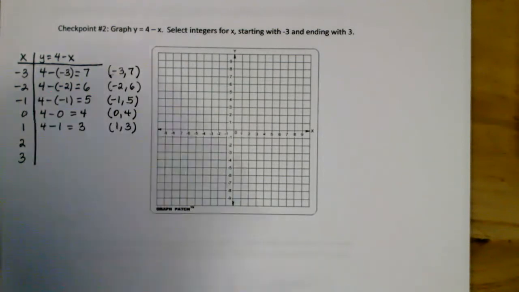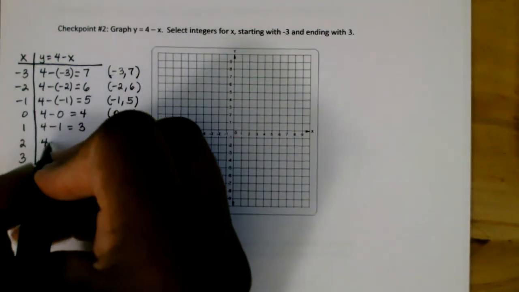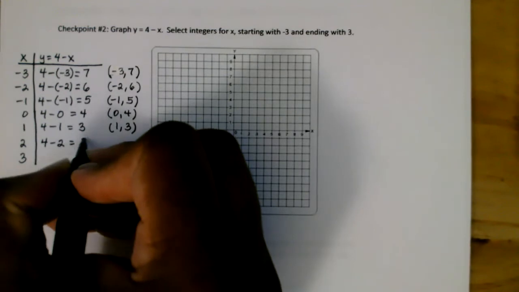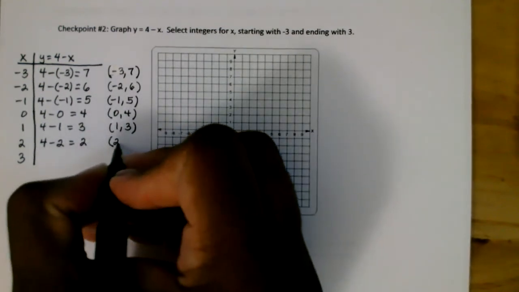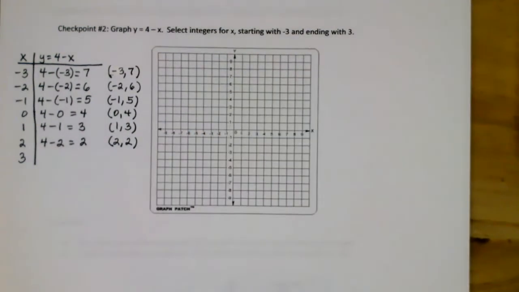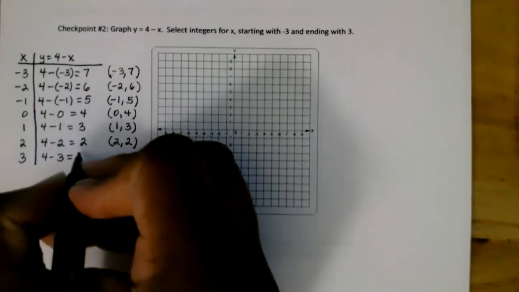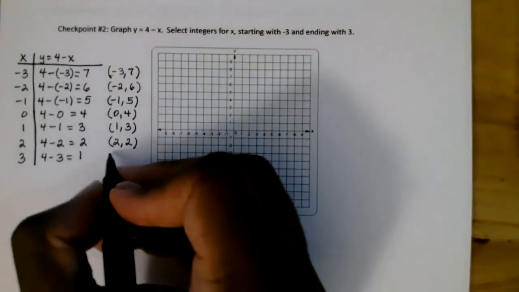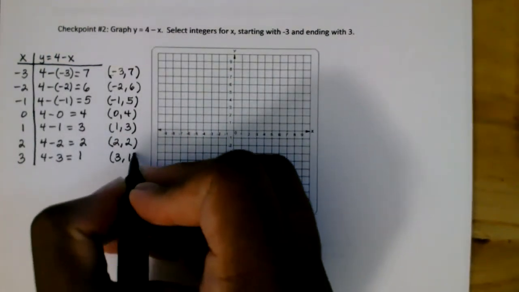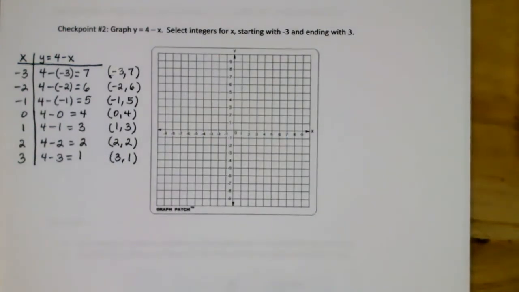And then for x equals 2, this will be 4 minus 2, which is 2. So I have another ordered pair, 2, 2. And then finally for x equal 3, this will be 4 minus 3, which is 1. So my last ordered pair is going to be the ordered pair 3, 1.